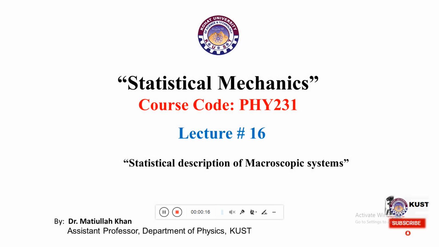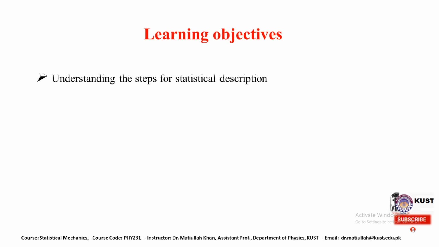This lecture is from the course outline of Statistical Mechanics, having the course code of PHY231. In today's lecture, we will basically try to understand the different steps for the statistical description of a system.